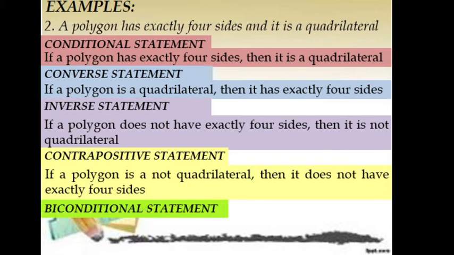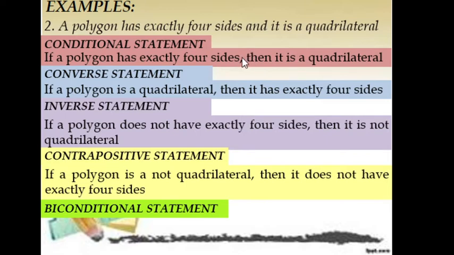And the last one, we have biconditional statement. Again, pwede natin gamitin yung given statement or pwede rin natin gamitin yung conditional statement. So, ulitin ko lang na pag gagamitin natin yung conditional statement, hindi na natin kailangang isulat yung if and then.